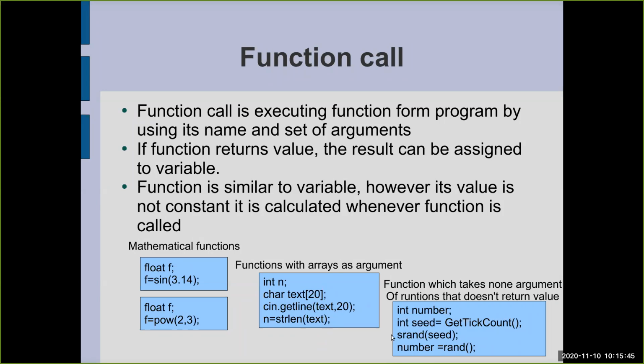If we expect a value, this is the value which can be assigned to a particular variable. If not, it means that this function may, for example, change some inner state.